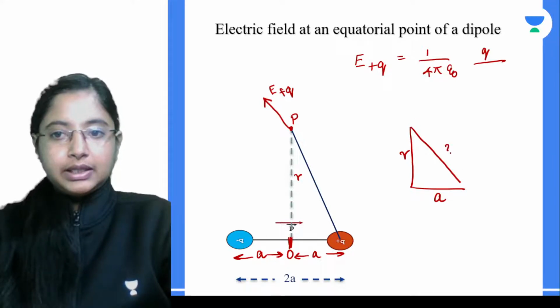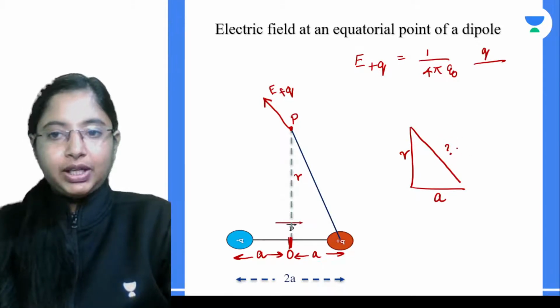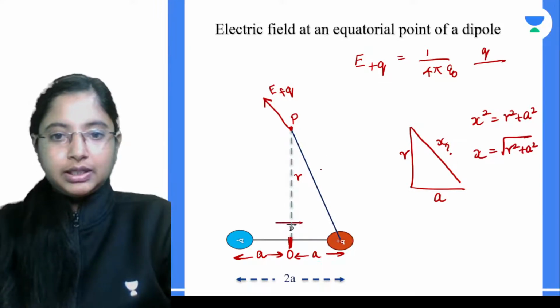Using Pythagoras theorem, the hypotenuse, let's call it x. x square is nothing but r square plus a square. So x will be the root of r square plus a square.